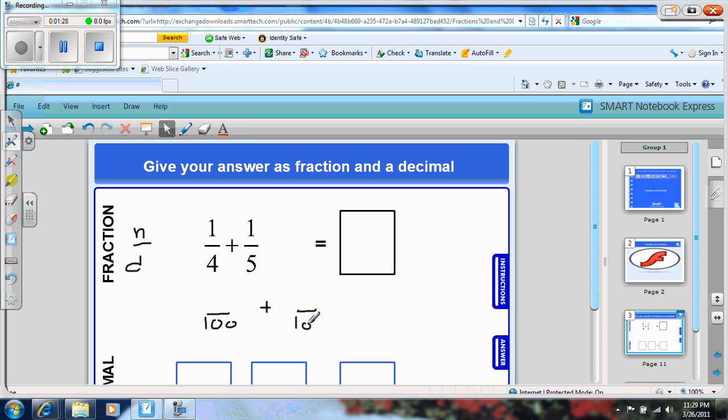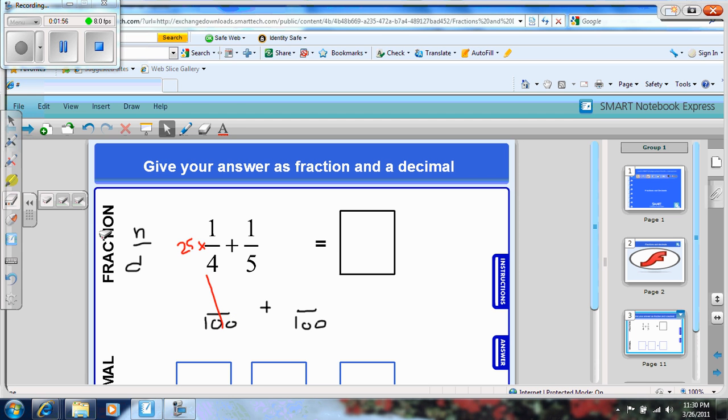Okay, now what we have to do is figure out what's making our denominator change. You have 4. 4 times what gives you 100? Yes, that is right. 4 times 25 will give you 100. 4 times 25 is 100 for my denominator.